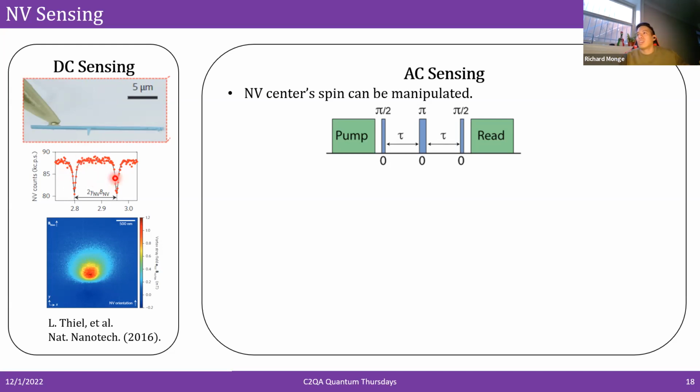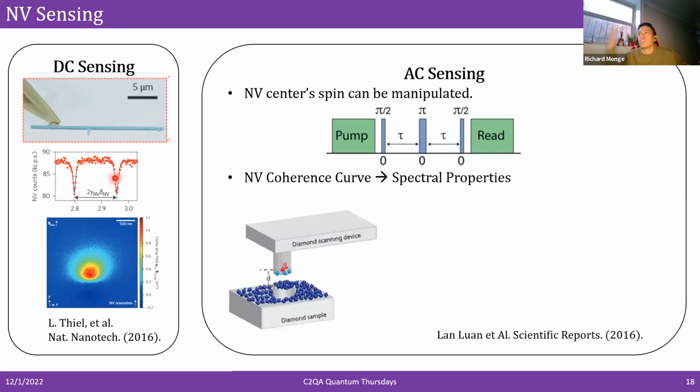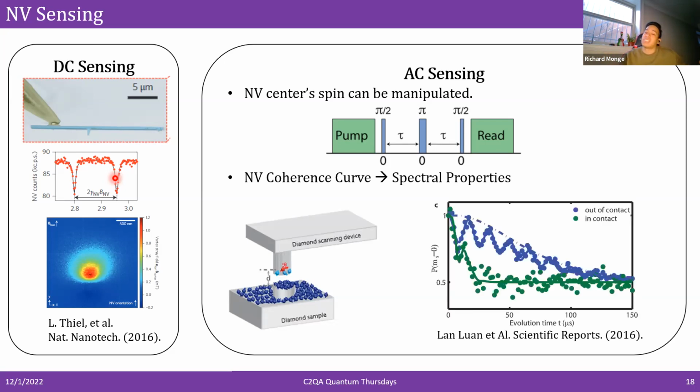Work in the past, specifically, for example, in Jacobi's group, has focused on investigating the issue of surface-induced decoherence of NV spins. Notice as they bring the probe closer to the nearby element, they observe a decrease in decoherence lifetime.